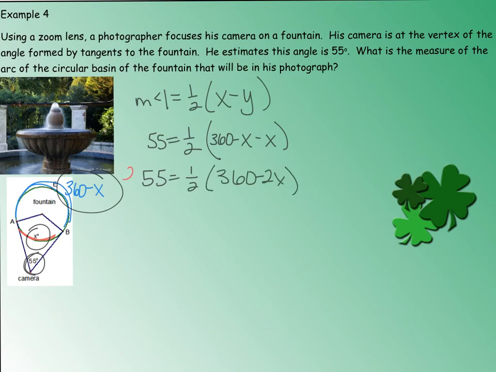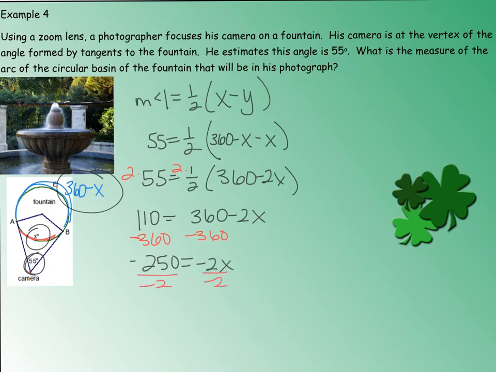I can multiply both sides by 2 to get rid of that 1/2 fraction. So 110 is equal to 360 minus 2x. I can subtract 360 on both sides, leading me to negative 250 is equal to negative 2x, and divide both sides by negative 2, and the value of x is 125 degrees.